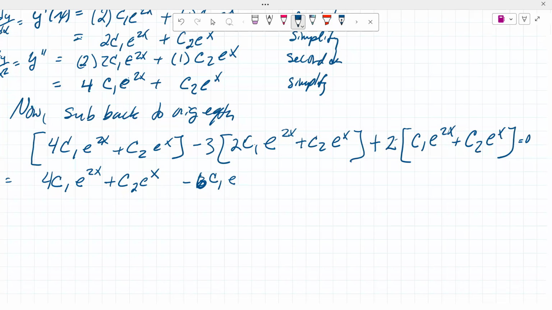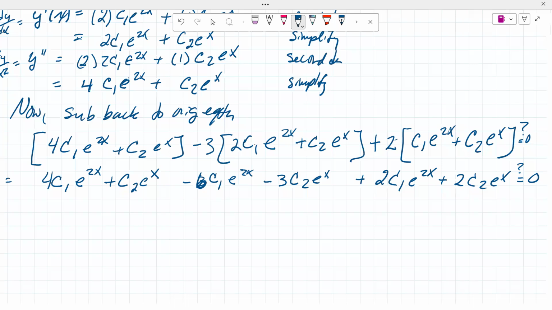That's minus 6 c1 e to the 2x, and minus 3 times this will be minus 3 c2 e to the x. All right, now we've got this plus 2 over here, so we're going to have plus 2c1 e to the 2x plus 2 times c2 e to the x equals 0. Now, let's put a question mark above this because we're currently verifying it.